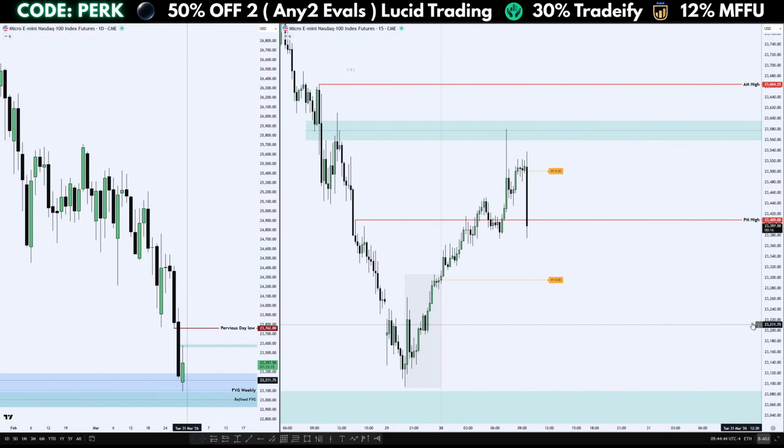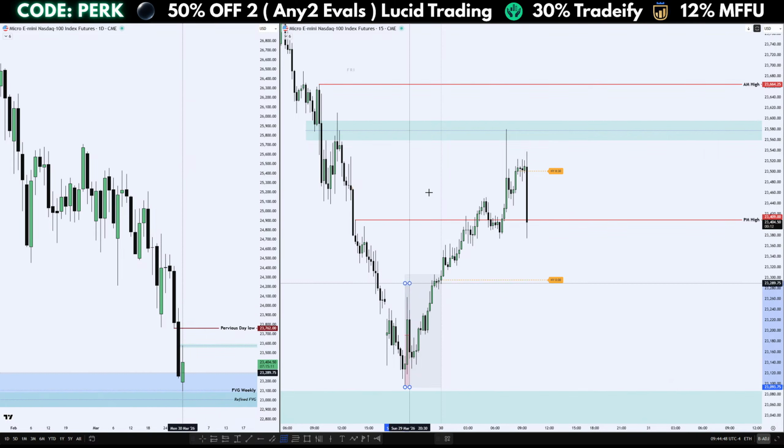This is the 15-minute. What we are going to do is mark down this low and this high, and we are also going to mark down the equilibrium.